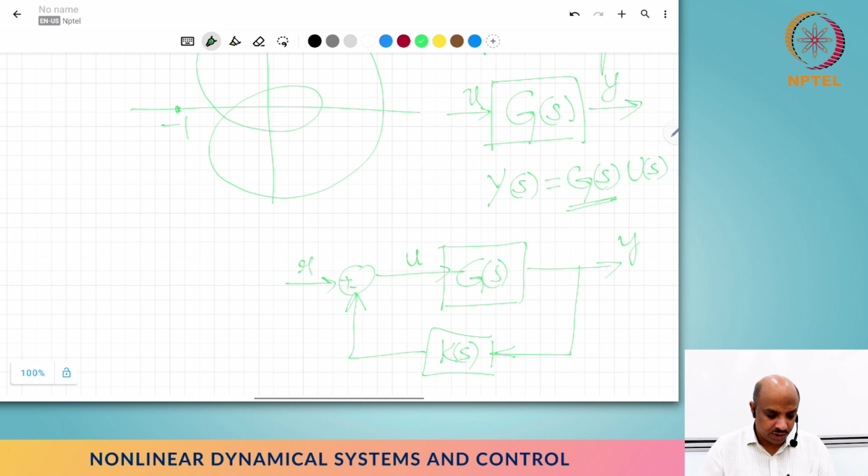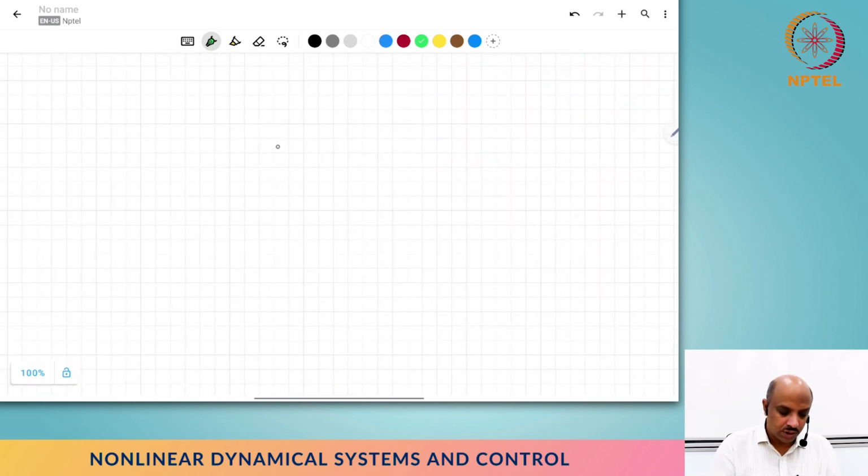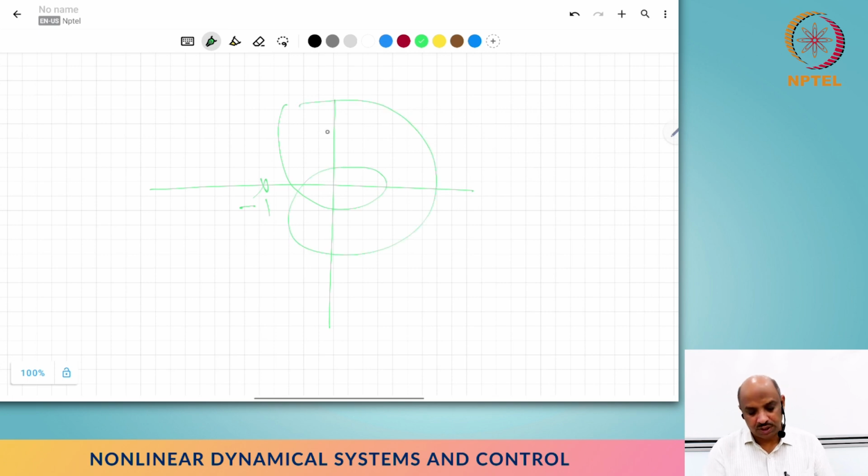And using that particular theory, an entire concept of stability margins is developed. Let's say -1 is here, and let's say your Nyquist plot is here. In this particular case, the Nyquist plot is not encircling the -1. If it is, it's fine, but let's consider the case of that encirclement also.